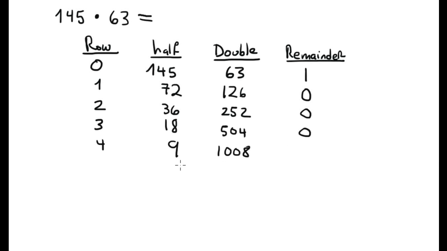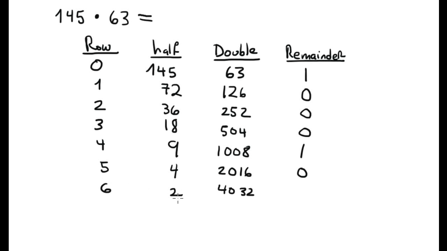9 is an odd number. Divided by 2 is 4. Remainder 1 here. Duplicating this is 2016. And this is row 5. And 4 divided by 2 is 2. No remainder. Duplicating this is 4032.